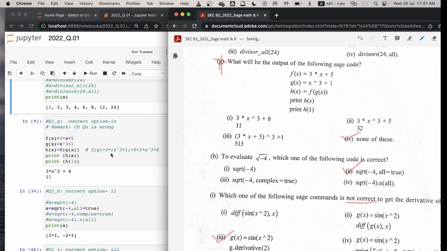Here f of g gives 3 star g, where g is x cube plus 1, so 3 times x cube plus 1, plus 5, and we get this.